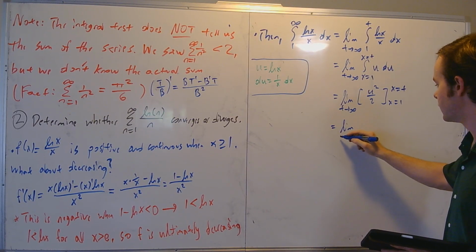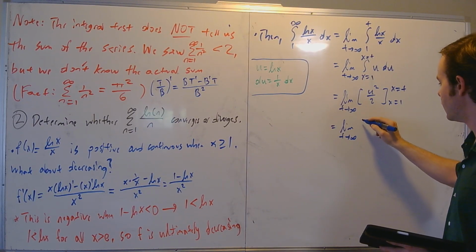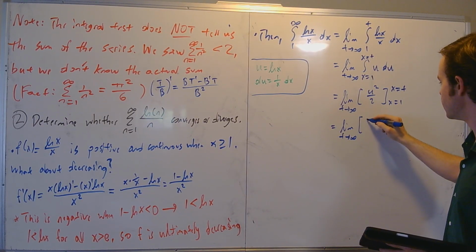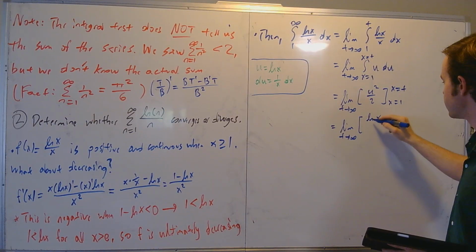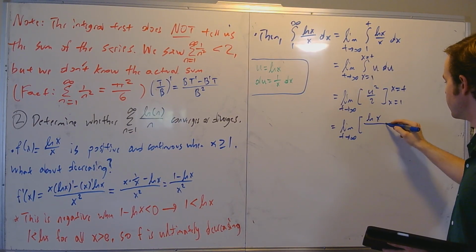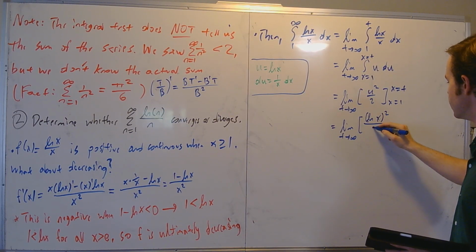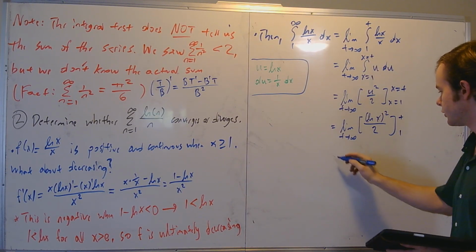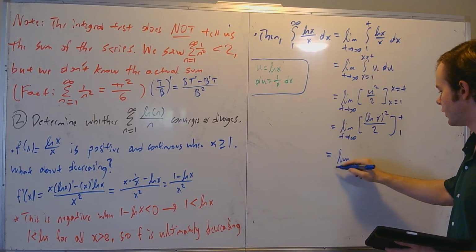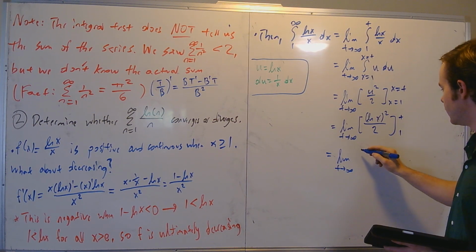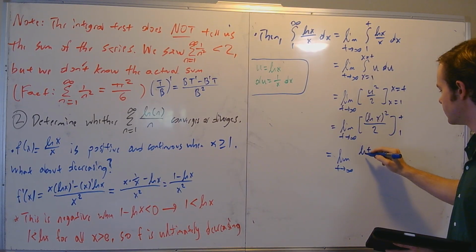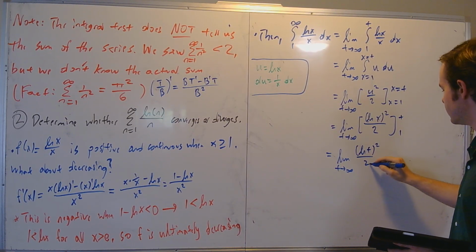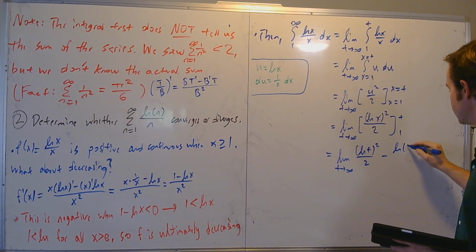So it's the limit as t goes to infinity of natural log of x squared over 2 from 1 to t. And now we just plug those in. So we're going to get the limit as t goes to infinity of natural log of t squared over 2 minus natural log of 1 squared over 2.